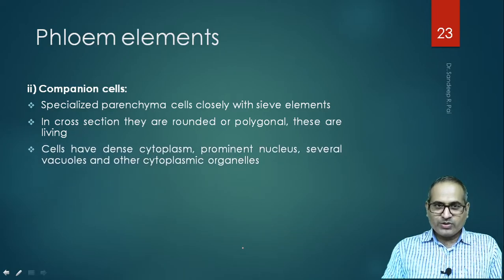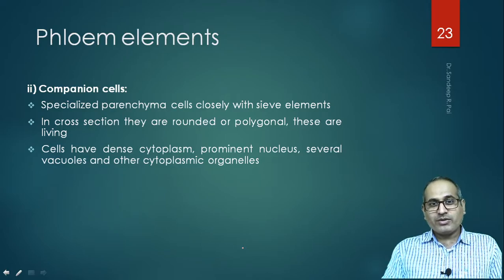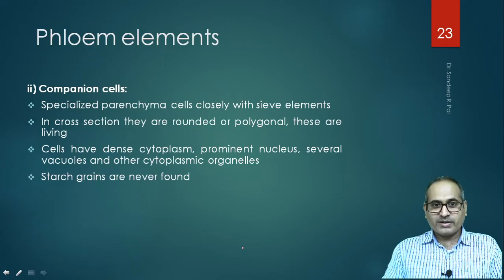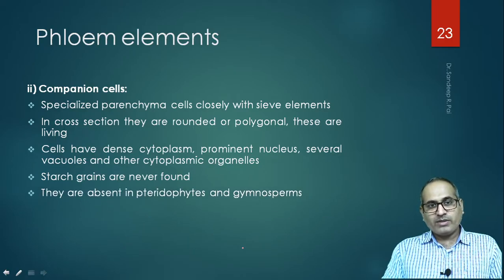These are living tissues, and the cells have dense cytoplasm, a prominent nucleus and several vacuoles, whereas in earlier cases we said a single large vacuole is present, in companion cells there will be several large vacuoles and other cytoplasmic organelles. Starch grains are never found in them. There are no storage materials in companion cells.